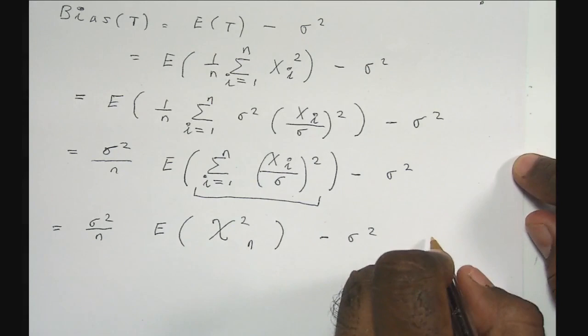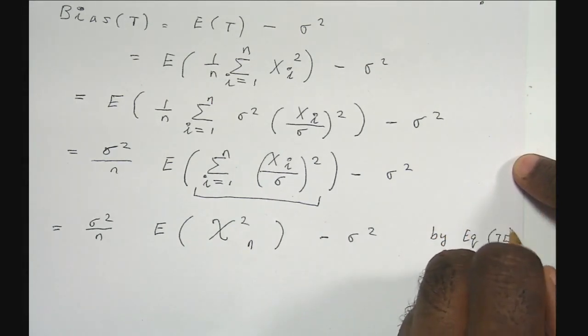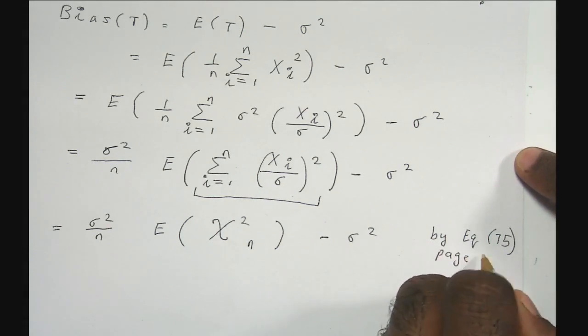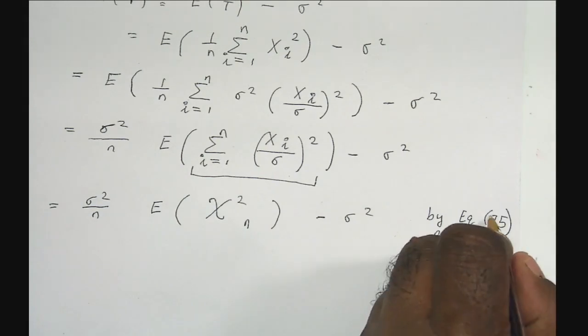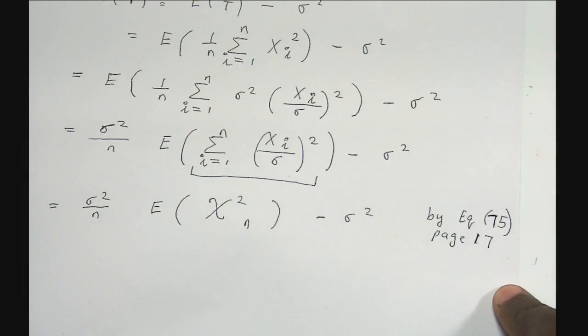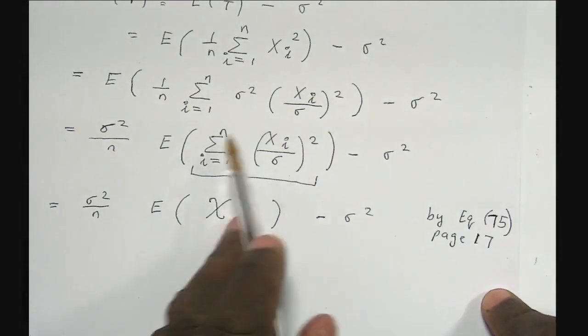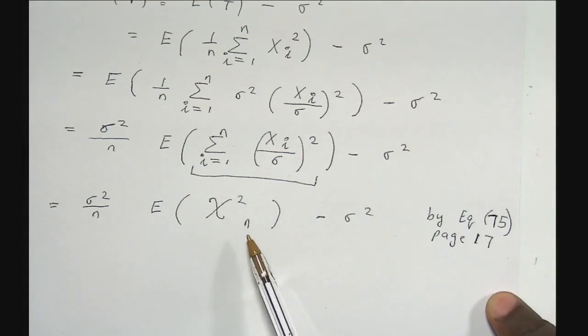I know we haven't come to this stage yet, but if you look at equation 75 on page 17 of the lecture notes, you will see that this has the chi-square distribution with n degrees of freedom. That's one of the formulas. If you have the printed notes I gave you, you will see that this is exactly a chi-squared variable with n degrees of freedom.